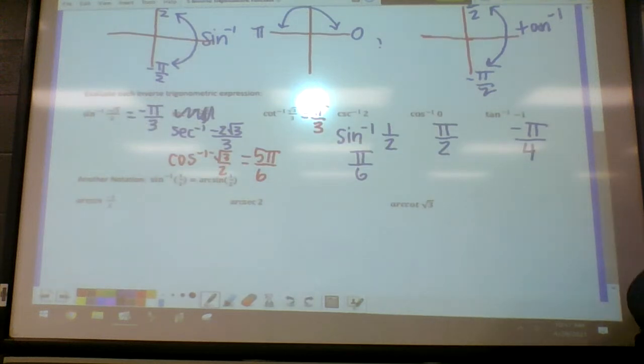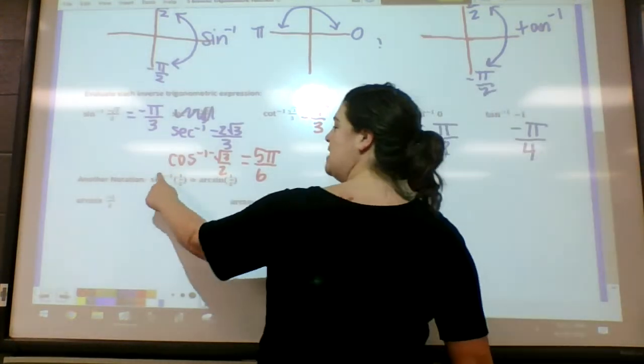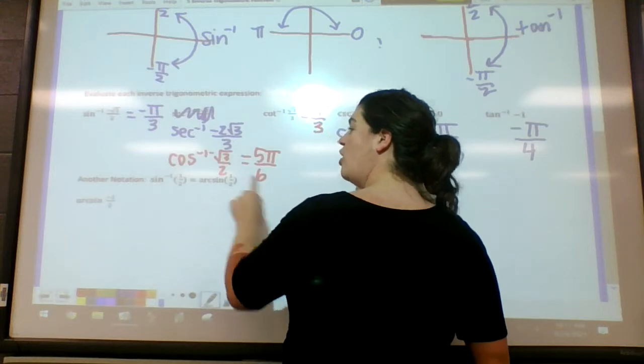All right, there's another way to write an inverse function. So sine inverse, if we were to say sine to the negative first power of a half, that is the same as saying arc sine. Anybody ever see that written out before, arc sine like that? Yeah, it's just arc. So instead of having to say sine to the negative first, you can write arc sine.